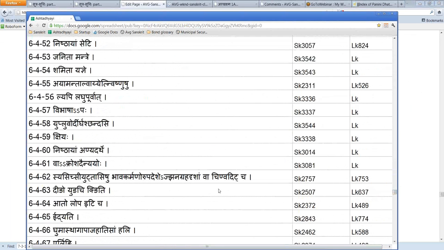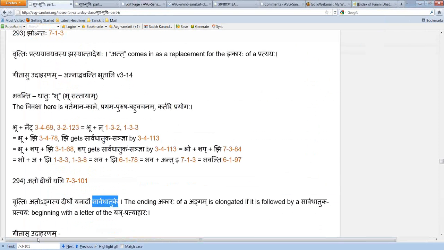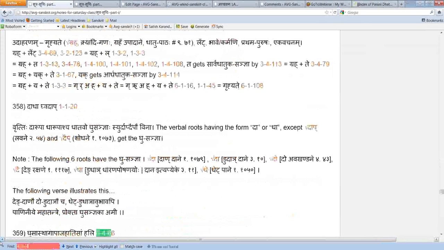If you have an adanta angam followed by an ajadi pratyaya, which is ardhadhatukam, and it is either kitnit or idagamaha, the angam takes lopaha, of course by alontyasya. It's only the ending akara that takes lopaha by ato lopa iticha.